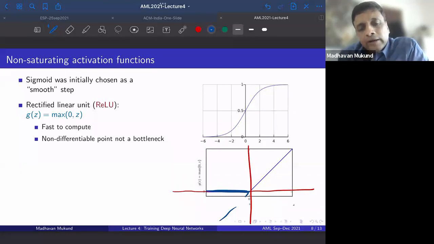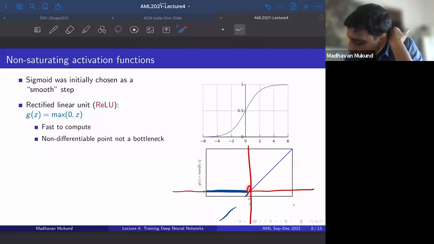Now, one advantage of this is that numerically it's easy to compute. It's much easier to compute max of 0, z than it is to do 1 upon 1 plus e to the minus z. It is not a great function to apply gradient descent to because you have this problematic point where you don't have a defined derivative, because on one side the derivative is 0 and on the other side the derivative is whatever the slope of that line is. But you can avoid computing the derivative at that problematic point.